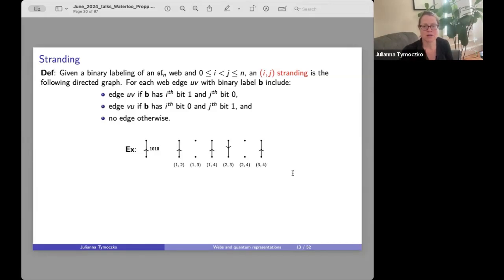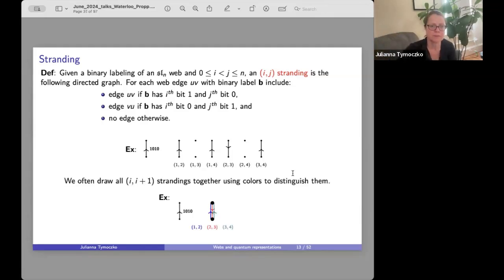So here is one version of how we would construct this for i equals 1 and j equals 3, we get these kinds of edges. The edge labeled 2, 4 has nothing in the stranding. 1, 3 has an edge pointing up. 1, 4 has an edge pointing up. 2, 3 has an edge pointing down, and so on.